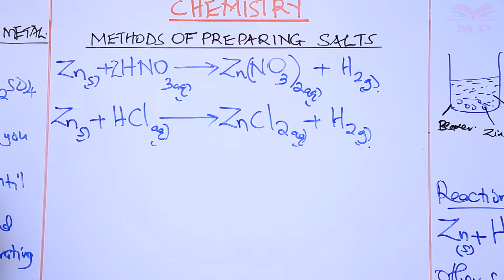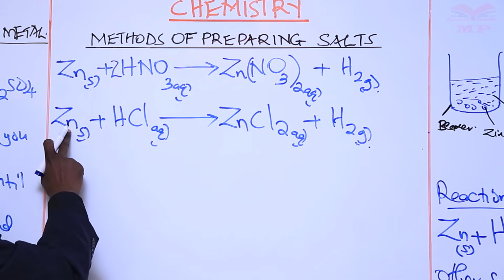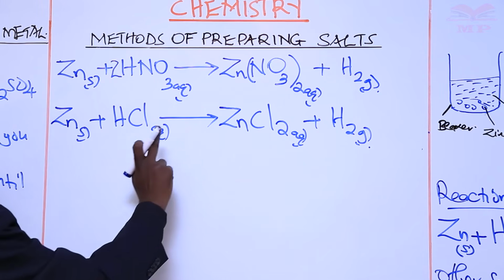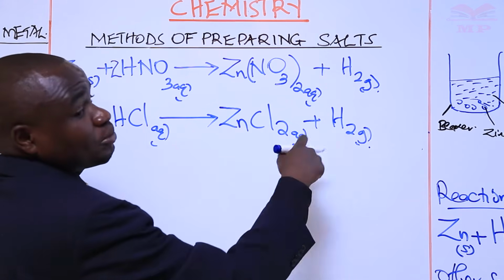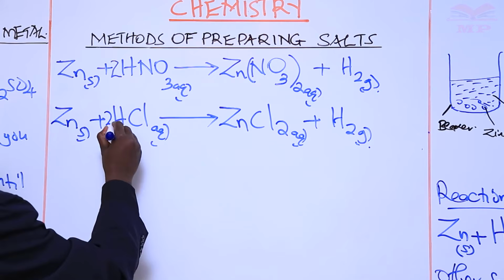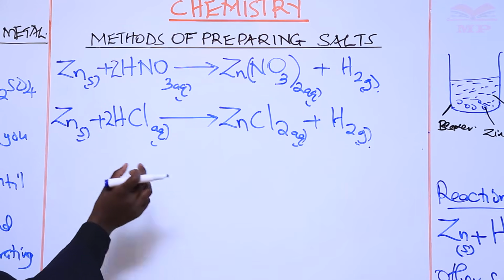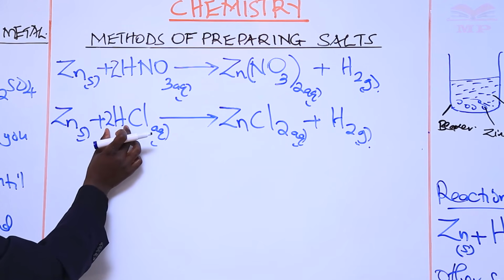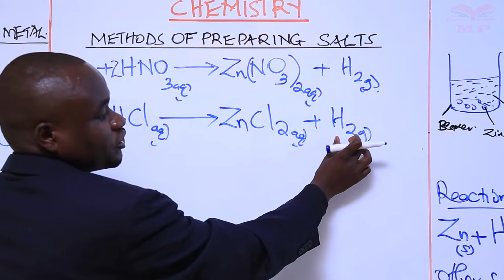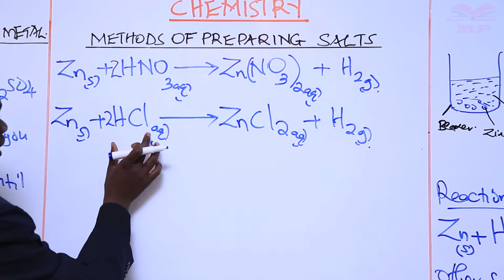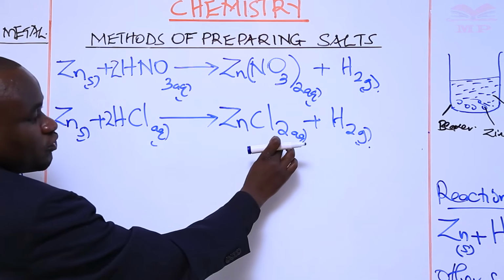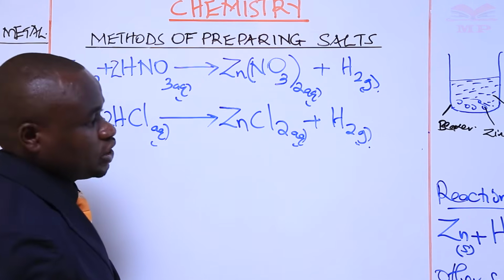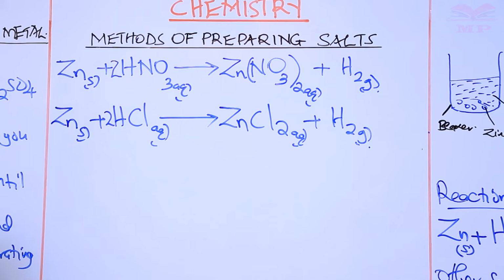Once again, you check if it is balanced. We are having 1 atom of zinc on both sides, 1 atom of hydrogen, 2 atoms of hydrogen. So we balance, we put here 2. So it will mean I have 2 atoms of hydrogen on the left, 2 atoms of hydrogen on the right of the equation, 2 atoms of chlorine on the left, 2 atoms of chlorine on the right. That means the equation is balanced.